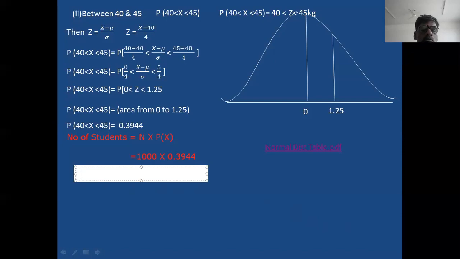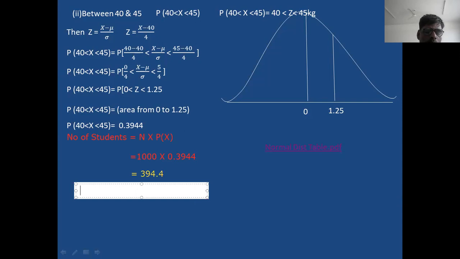Number of students is equal to 394.4. So this answer is, number of students is equal to 394.